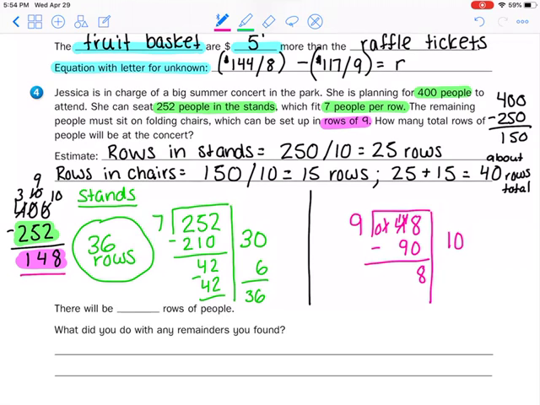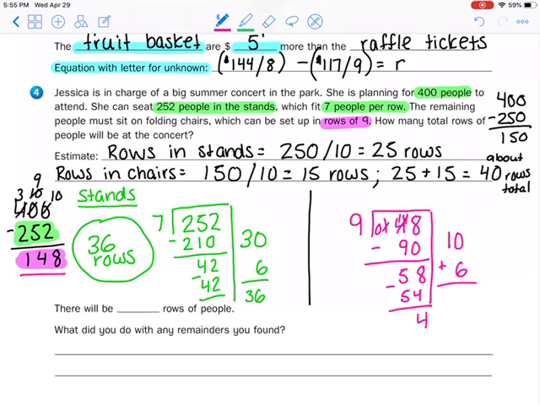So 14 minus 9 would give me 5. Now, I already know that 58 is not a multiple of 9, so I'm going to have a remainder. So I know that 6 times 9 would get me close. It would get me to 54. And I'm left with 4 people.